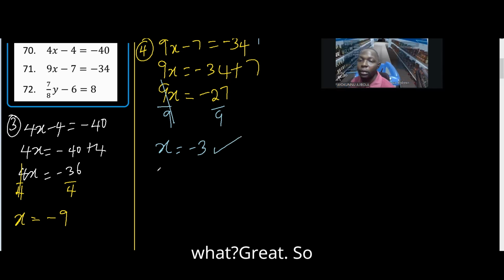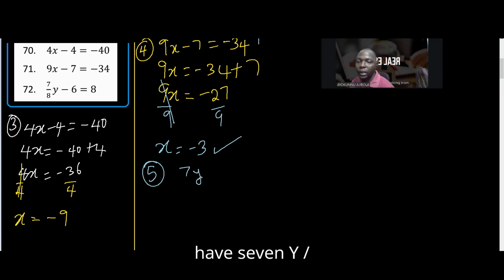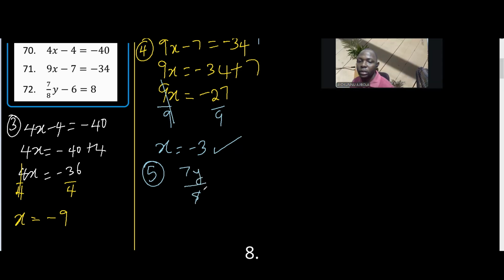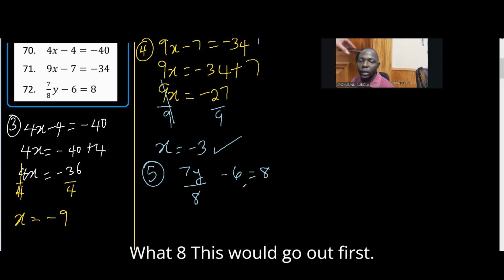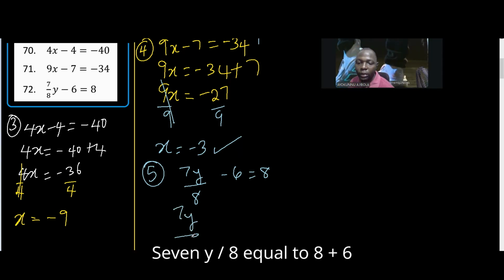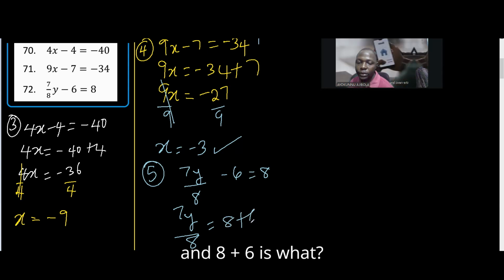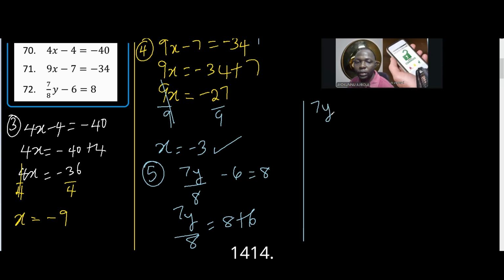So this cancels. Then we have minus 3. The last question: 7y over 8 minus 6 equals 8. This will go out first. 7y over 8 equals 8 plus 6, and 8 plus 6 is 14.